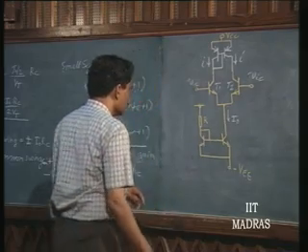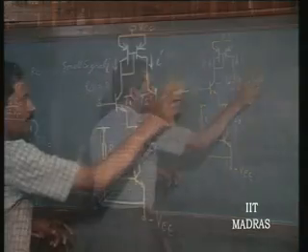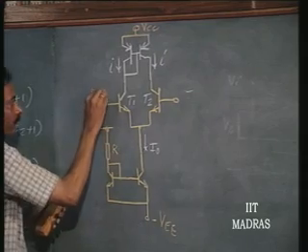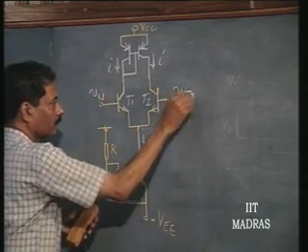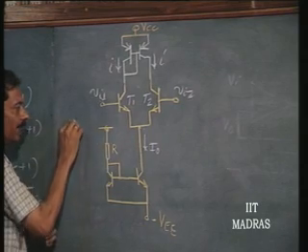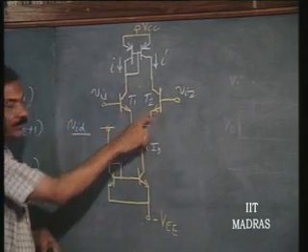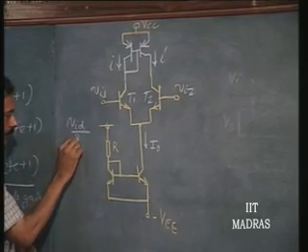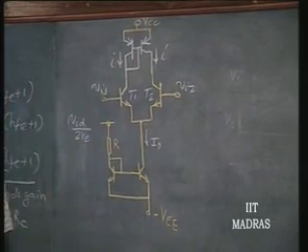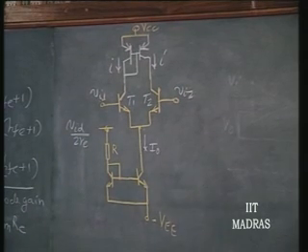So, what happens is when I apply a differential mode signal to the input, what happens? This VID divided by 2 RE is going to be the incremental current in this emitter.